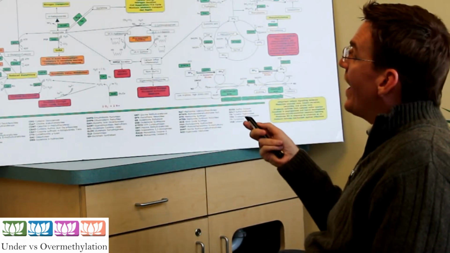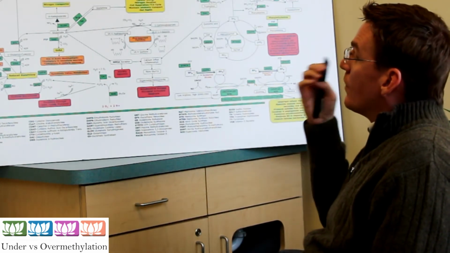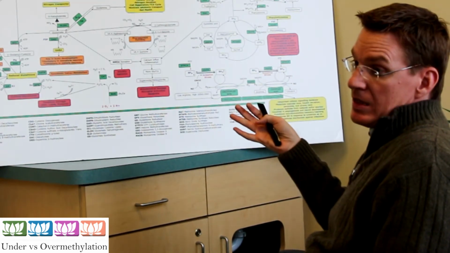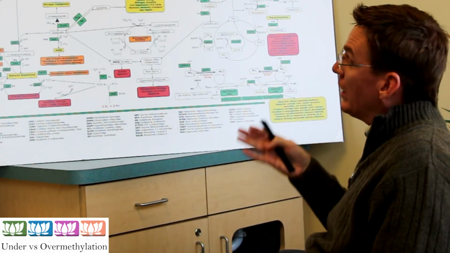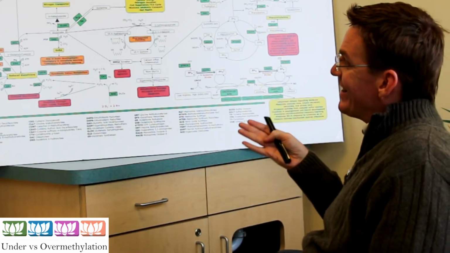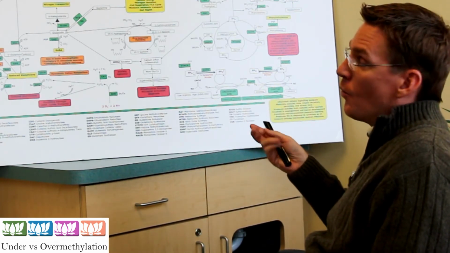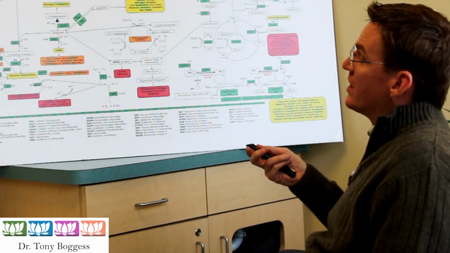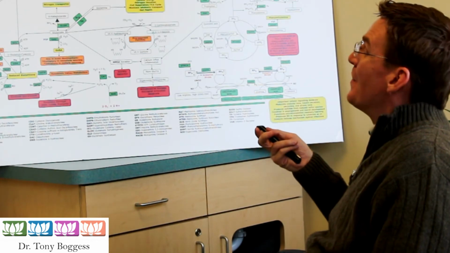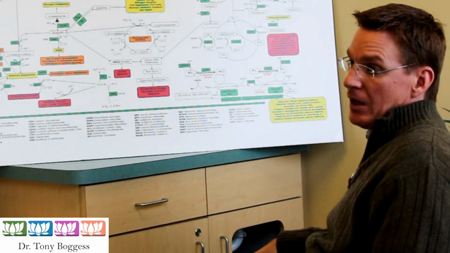And the SNPs that you have, that we've identified here in your case, are equally able to create over versus undermethylation. Herein lies my consistent observation that one cannot make a determination about where a person is in terms of over versus undermethylation based on SNP susceptibility alone.